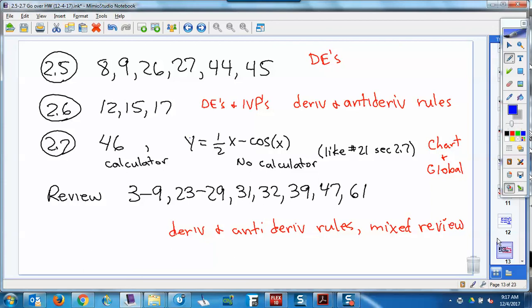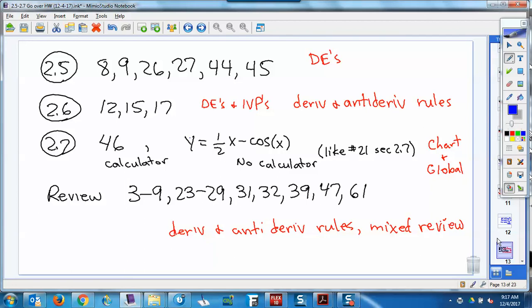Now, I'm not going to check this. This is review. This is another assignment very similar to the last two we've done. But again, 2.5, those difference equations, 8 and 9 are like 10 and 11 were today, with the IVP and solving or whatever. 26, 27, 44, 45, so those just get into the whole verify thing.